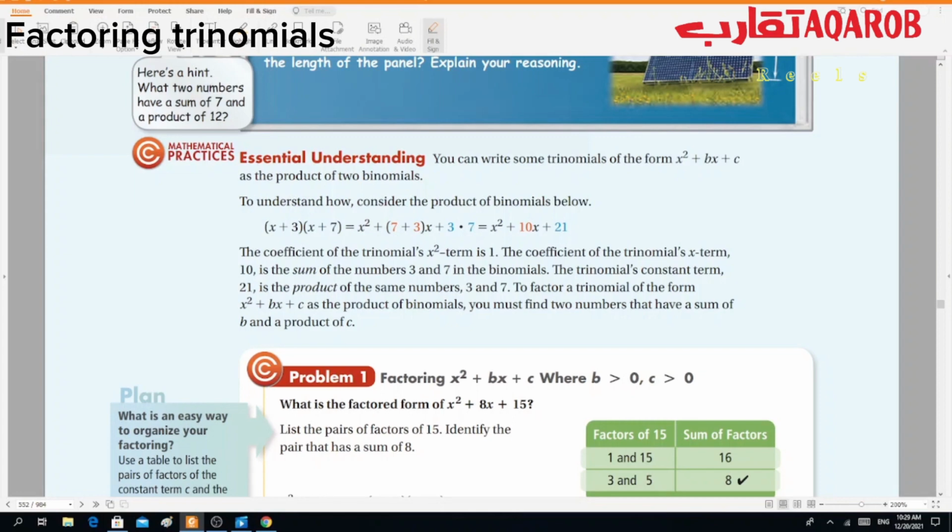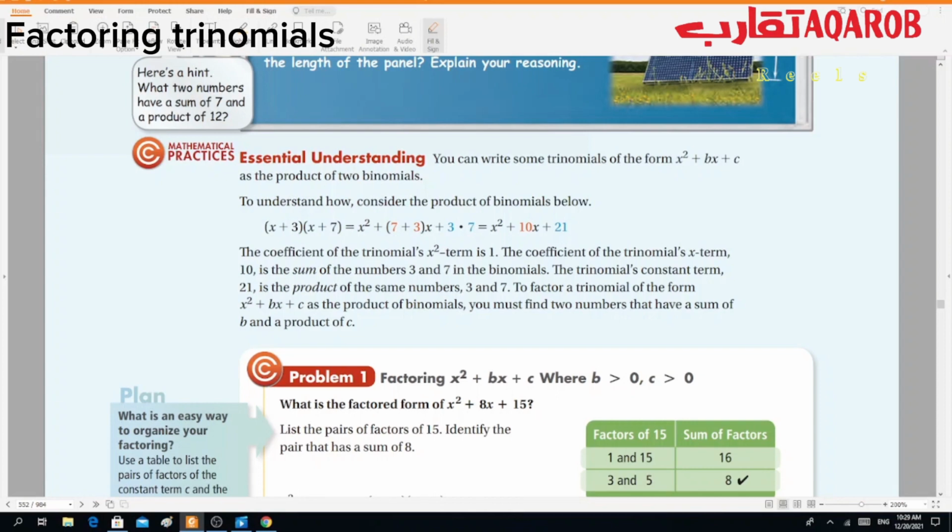I start with the first terms. It will be x times x, it will be x squared. Then inside it, as you can see here, I will multiply x times 7 and 3 times x, it will be 7x plus 3x, it will be 10x. And then I will take the last terms, it will be 3 times 7, it will be 21.